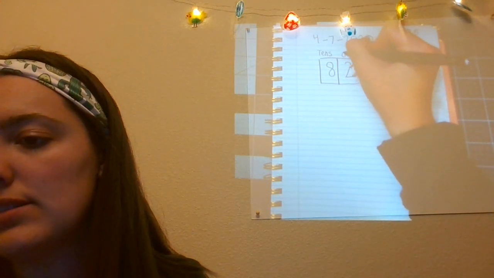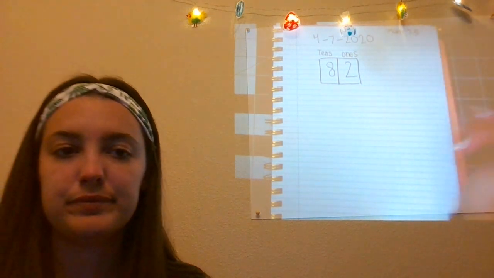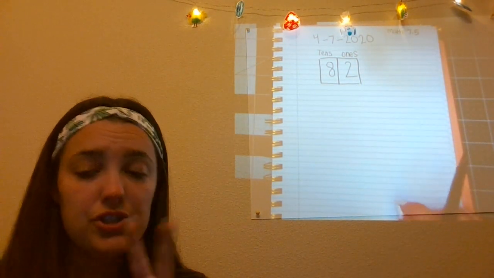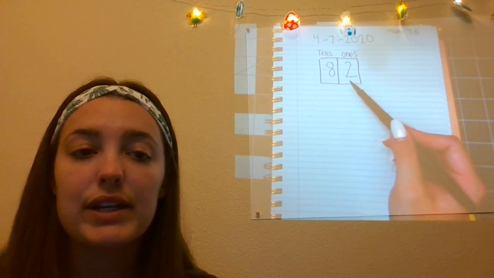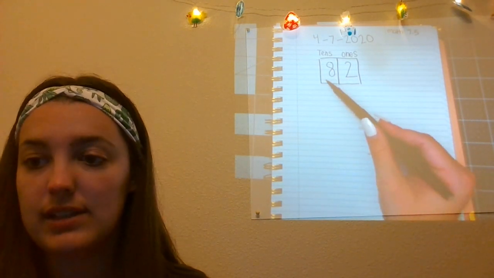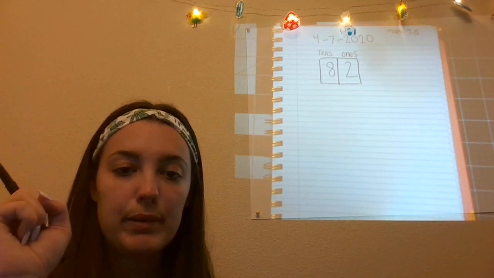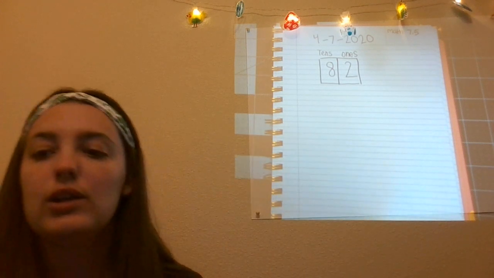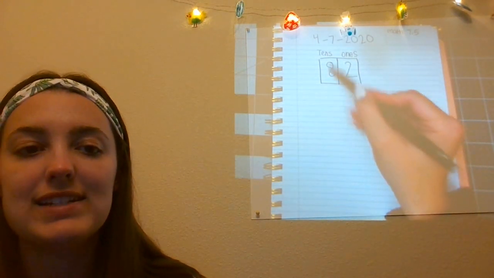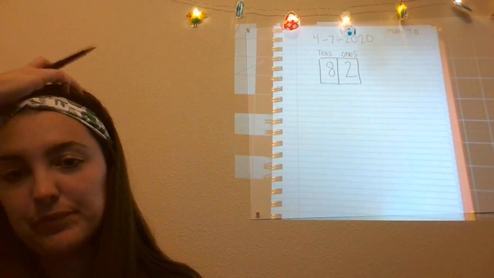Tens and ones. So in a two-digit number, your first number is your tens place. Your second number is your ones place. Tens and ones. So when we're talking about numbers that are 10 less or 10 more, we're going to be focusing a lot on that tens place today. So pay close attention to that tens place.